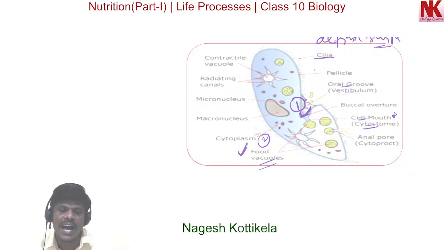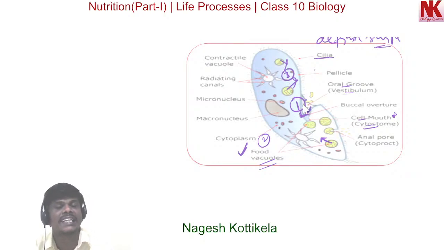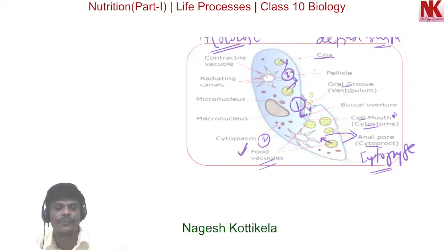After digestion, the nutrients are diffused into the cytoplasm. That is what we call the third step, absorption. And then it is assimilated: the absorbed nutrients are used to release energy. After that the wastes are released.